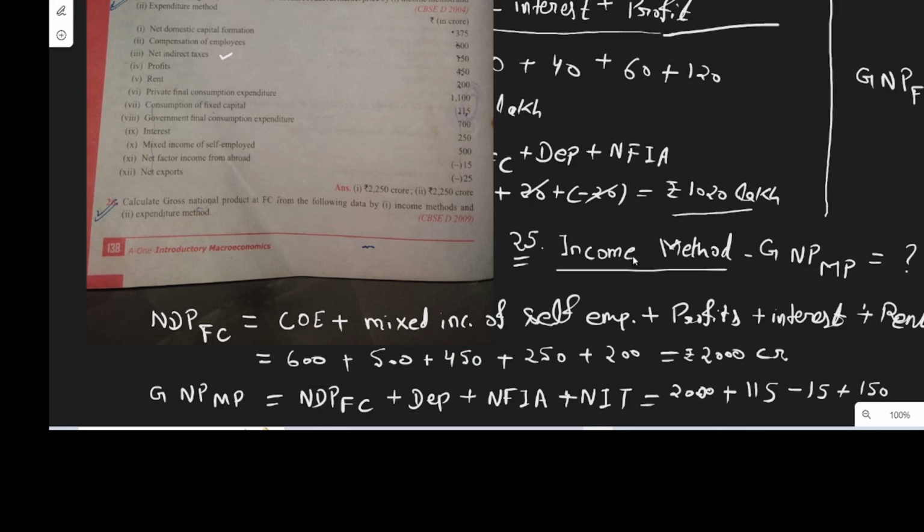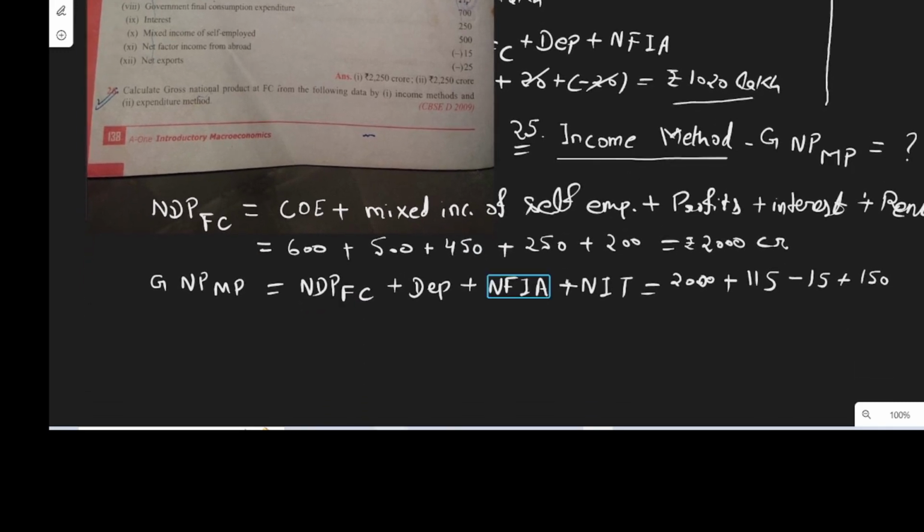Now we need to solve it. So 2000 plus 115 minus 15 is 100, so 2000 plus 100 plus 150, that is 2250 crore rupees, and that is our answer.